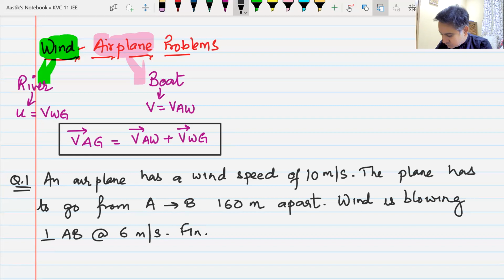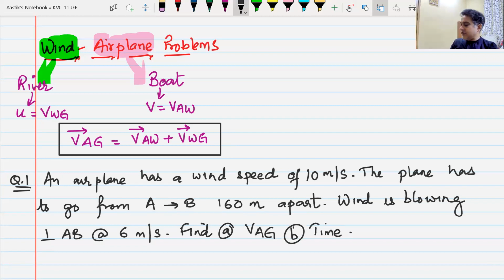Find number A, velocity of airplane with respect to ground. Number B, the time taken by the plane to reach from A to B. The question is there for you. Let's see who gets me the answer. The time starts now, my dear friends.